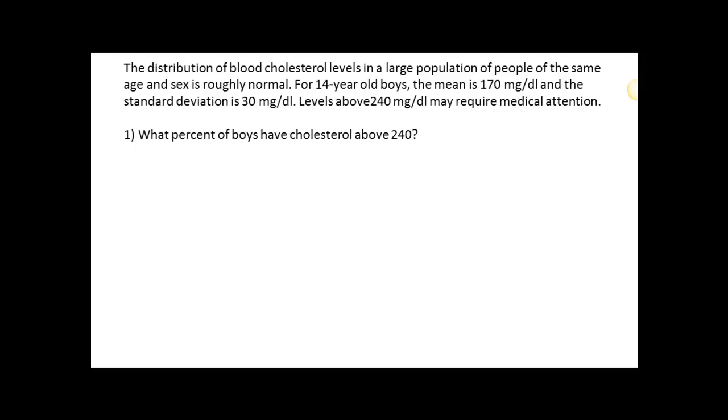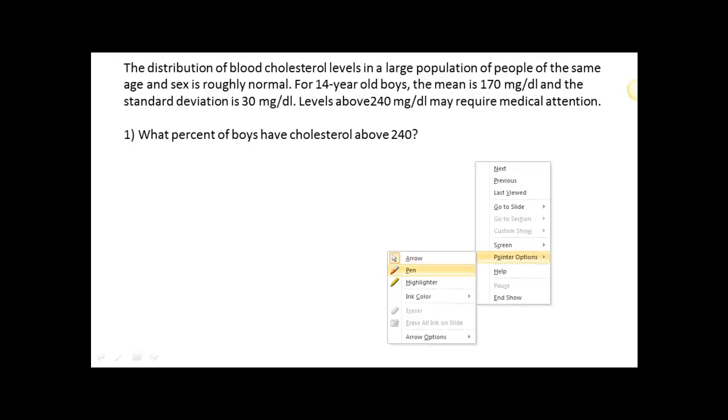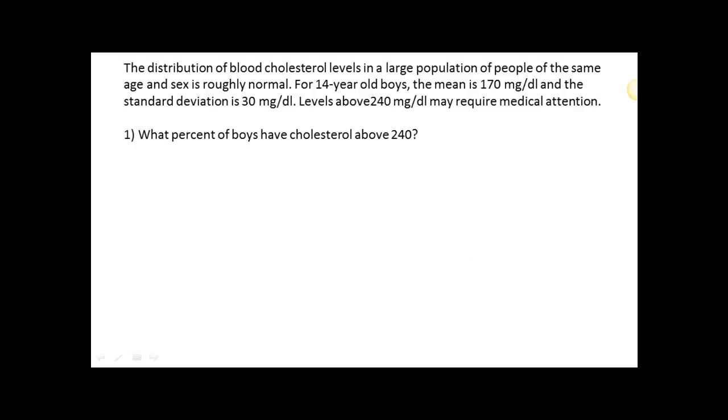So the first thing I do for these types of problems is kind of highlight the important information from the problem. So it tells us that the population mean is 170, standard deviation is 30, and we're interested in levels that are above 240.